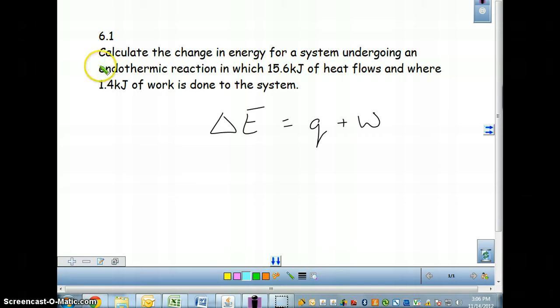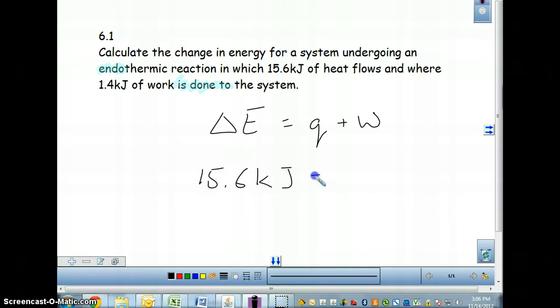We are told that the reaction is endothermic and that work is done to the system. This means that our 15.6 kilojoules for heat, which is Q, has to be positive.